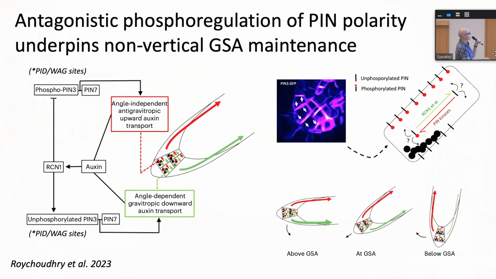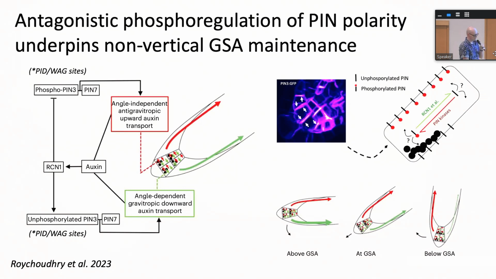That's counteracted by what we've called an antigravitropic offset, so a constitutive upward flux of auxin out of these columellar cells. And that's all controlled in terms of the localization of PINs through a sort of antagonistic phosphorylation of those PINs, where RCN1, the phosphatase RCN1, is incredibly important.